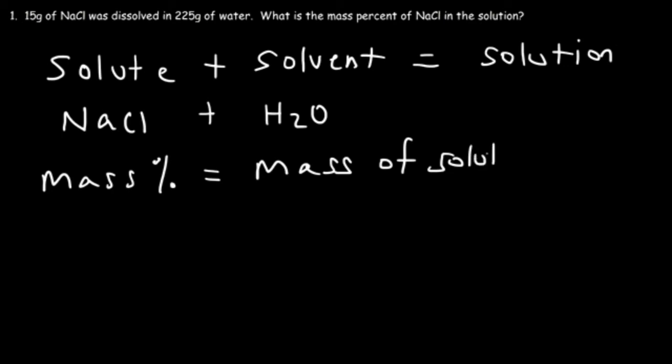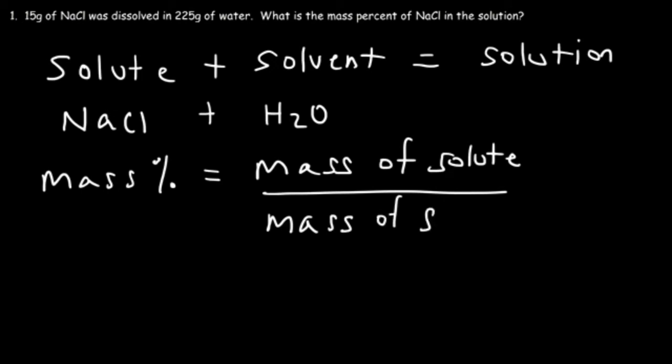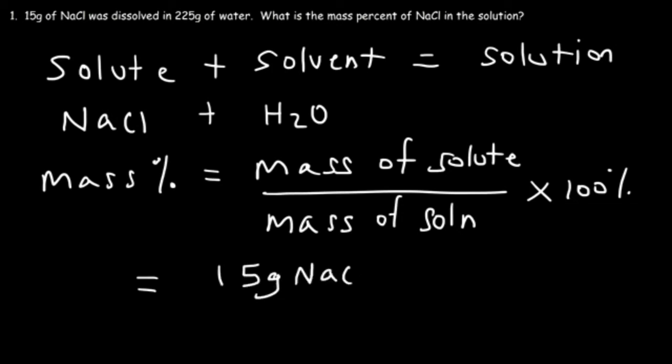And, okay, recall the formula for mass percent. It's mass of solute divided by the mass of solution times 100%. So, since you have already the solute, which is 15 grams, you just substitute. I'm going to write it in the numerator portion. Then the denominator should be solution.